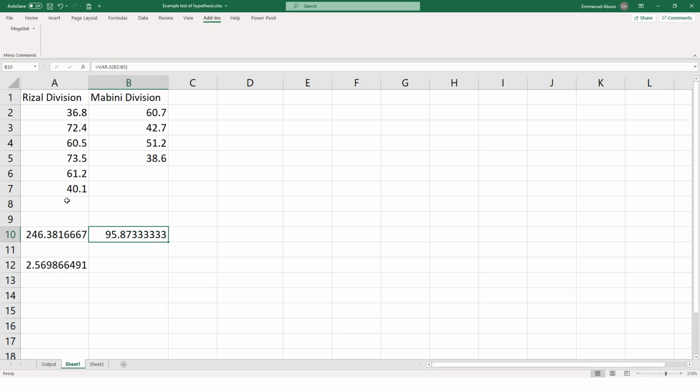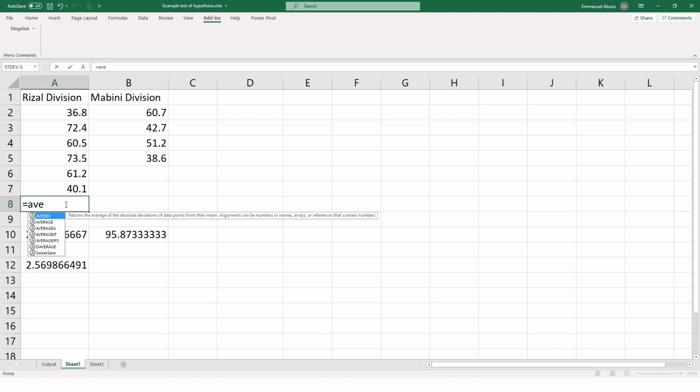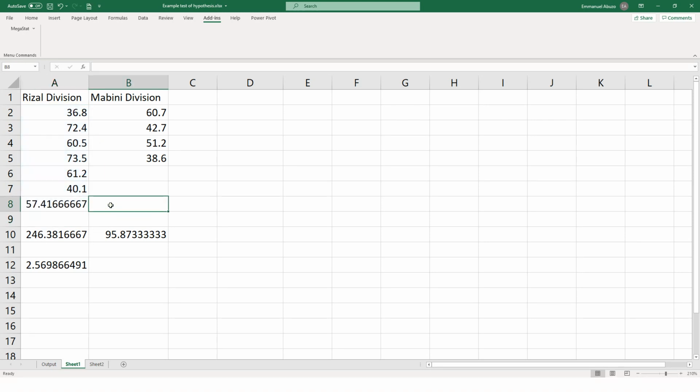So to get the sample mean, we are just going to get the average of these numbers, and then the average of these numbers. Okay, so that is our mean for the Rizal division. We are now going to use the formula. So this would be the t-test.